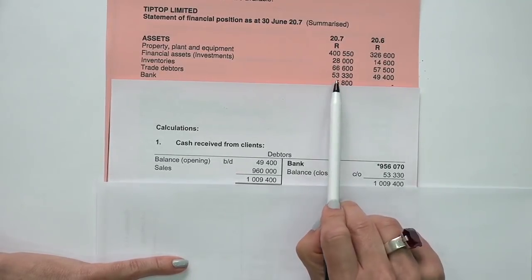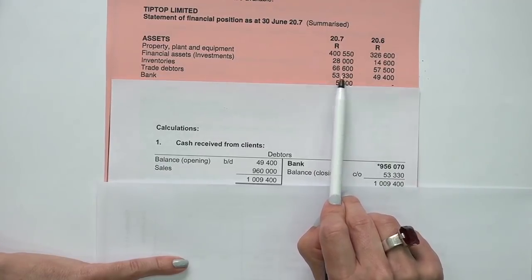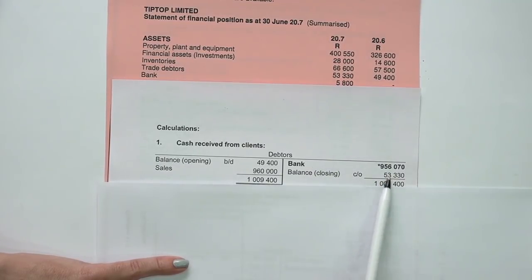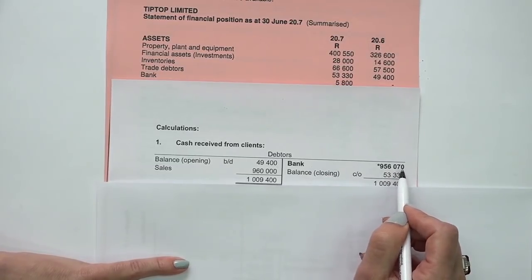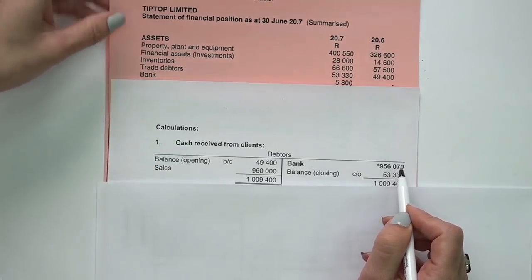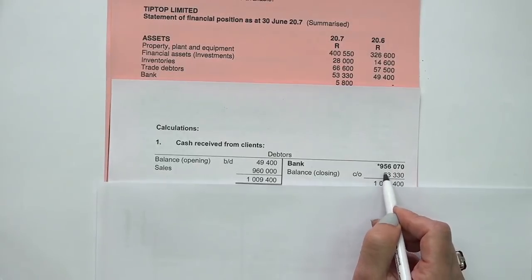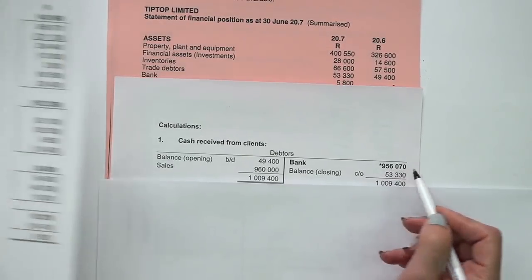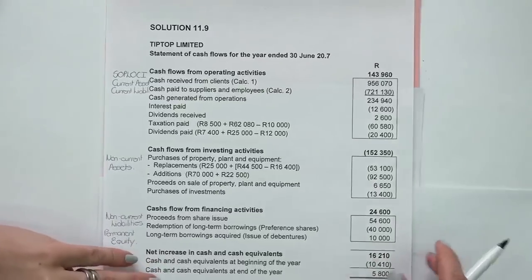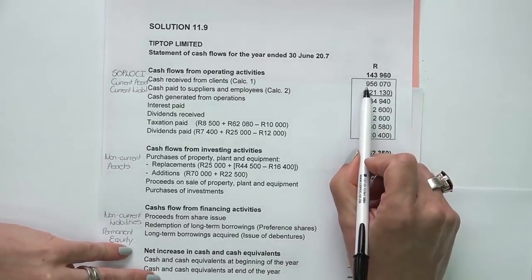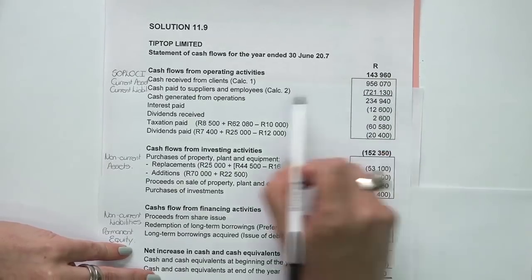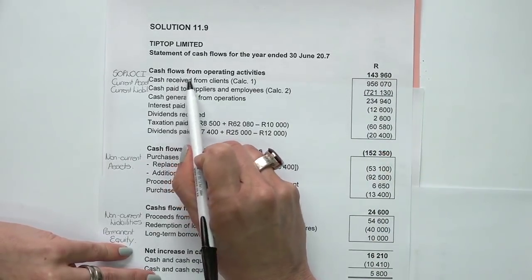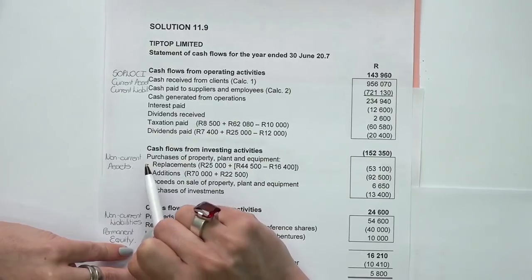If I then include the closing balance for trade debtors, 53,330, as the closing balance, my bank amount for the amounts received from debtors will be 956,070, and I include that in my framework, 956,070, without a bracket, because this is cash received from clients.